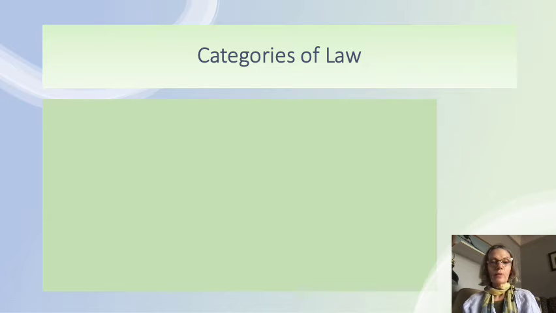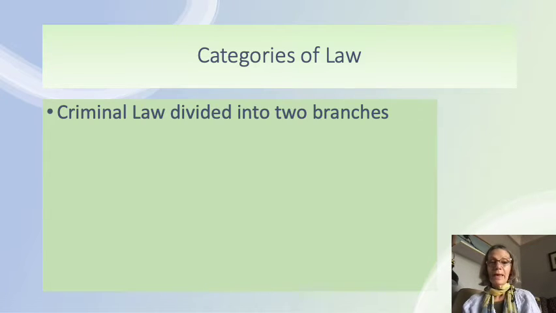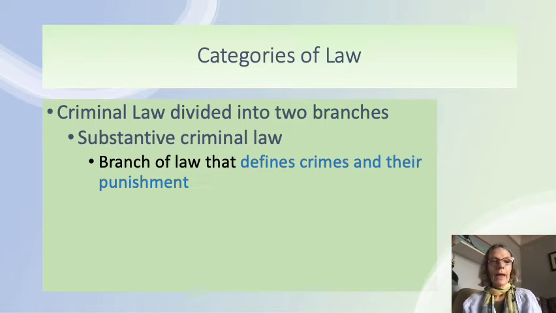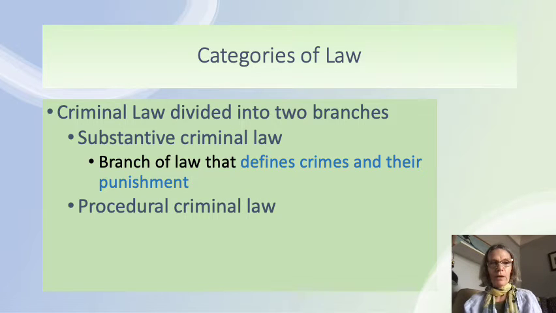So your textbook talks about how criminal law is divided into two branches. One branch of criminal law is what is known as substantive criminal law, basically dealing with the substance of crime. The substantive criminal law is the branch of law that defines what behavior is a crime and then sets out what the punishment is, sort of the substance of criminal law. And the other branch of criminal law is known as procedural criminal law.